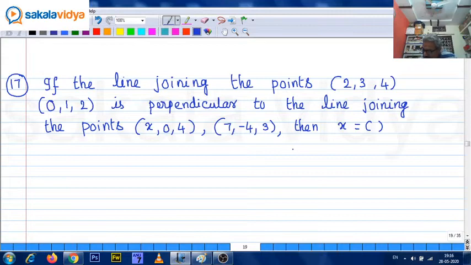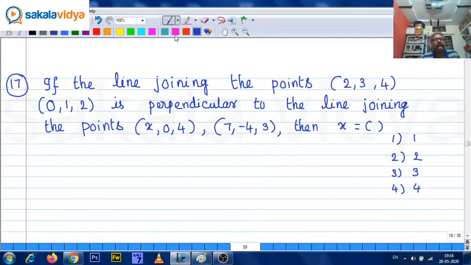First option is 1, second option 2, third option 3, fourth option 4.